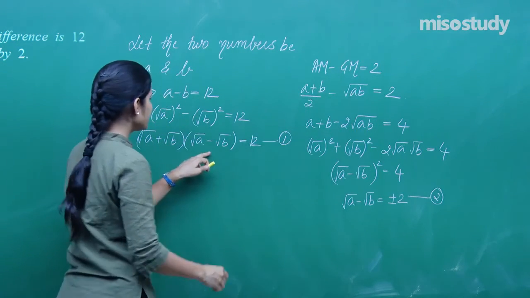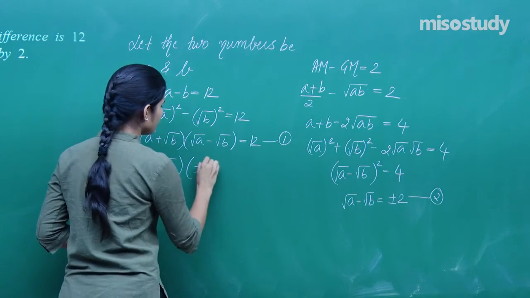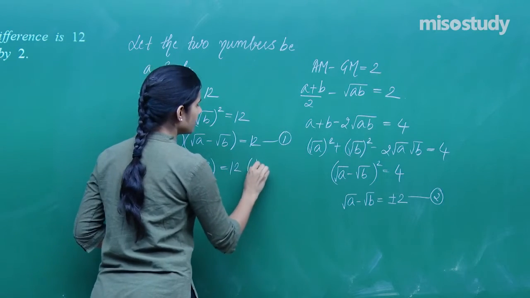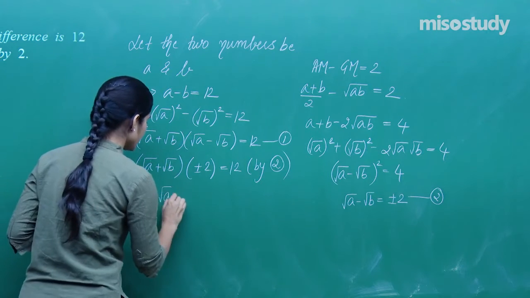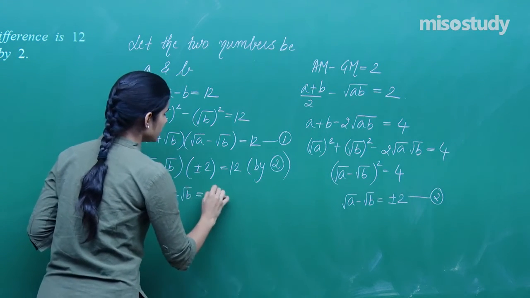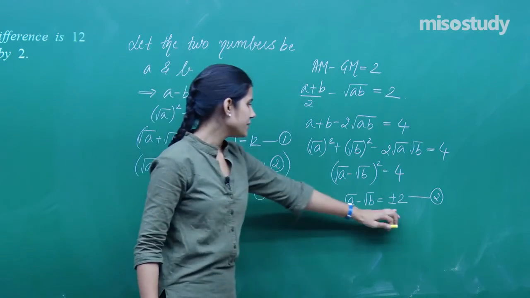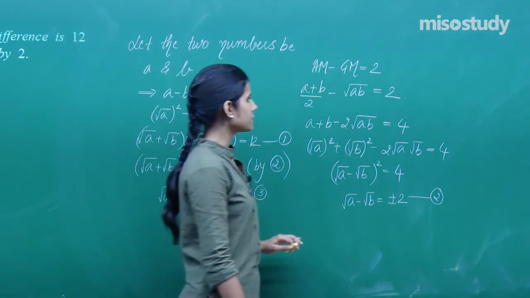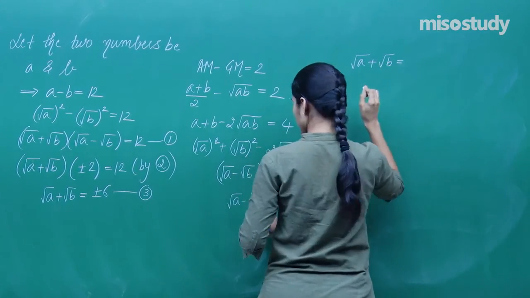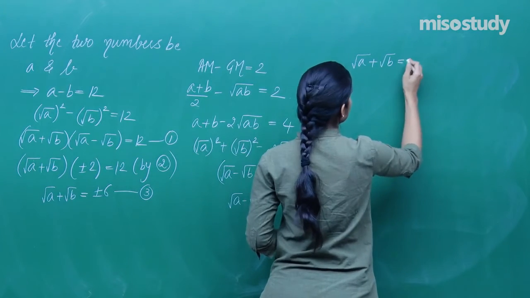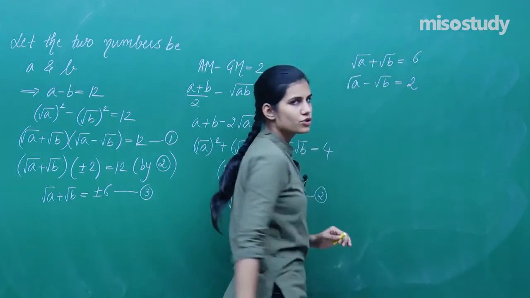If root A minus root B is plus minus 2, I get root A plus root B into plus minus 2 equals 12 by second equation. So root A plus root B equals plus minus 6. Let us take it as 6 first, and root A minus root B is suppose 2.